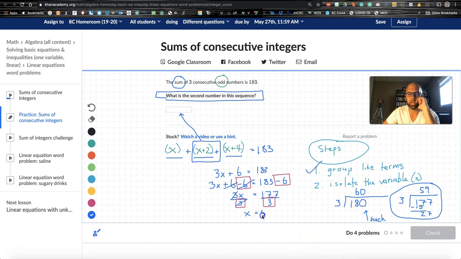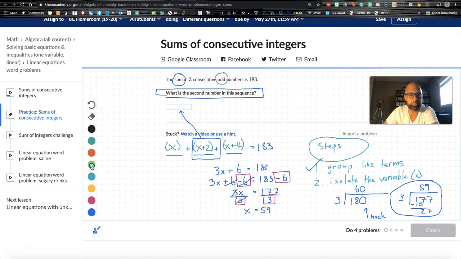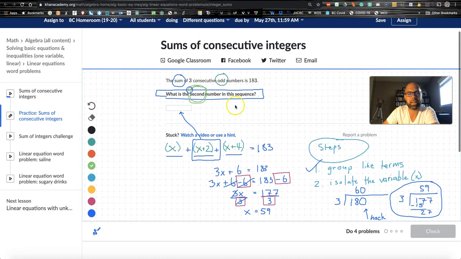All right, back to our problem. X equals 59. Now, we are not done yet. That is so important to say, that we are not finished. Do not write 59 in this box. You will be incorrect, because look at this. The second, let's use a different color, the second number in the sequence, not the first one, the second. So the way I set this up, X is right here.